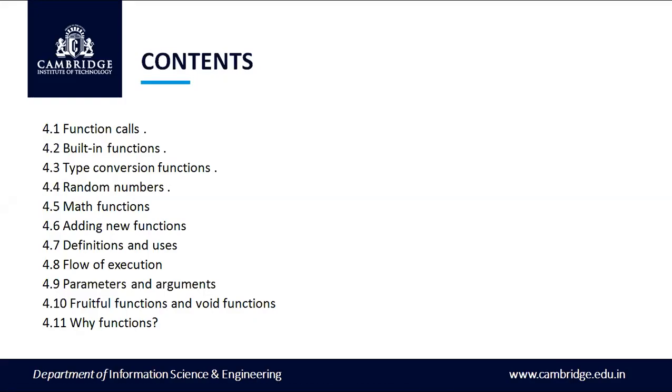The concepts covered in this chapter are the different types of function calls, what is a function, and built-in functions, the different types of built-in functions available in Python programming. What are the type conversion functions? How can we convert from string to int, int to float, float to int?